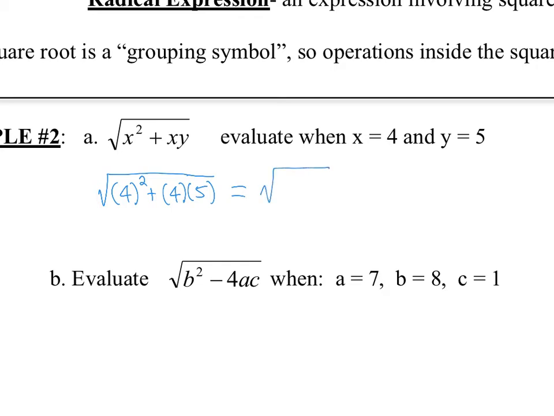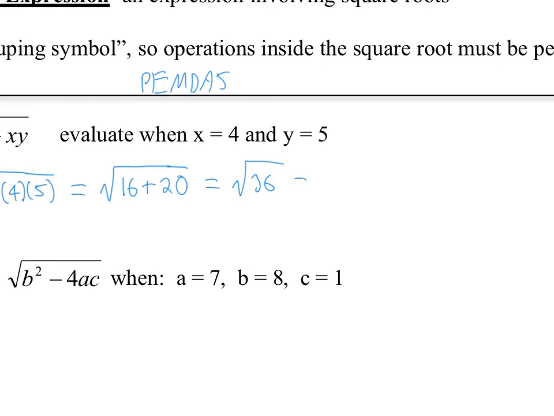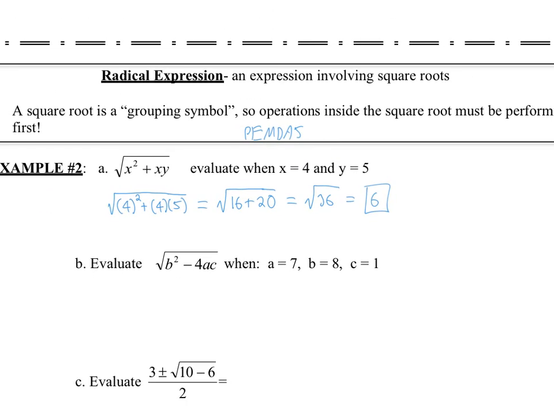We do 4 squared first because exponents come first in PEMDAS. Actually, I'm going to do 4 times 5 as well to save us some time. So we got 16 plus 20. What's 16 plus 20? Well, that's 36. And square root of 36 equals 6. Not plus or minus 6. They just gave us the positive for this one.